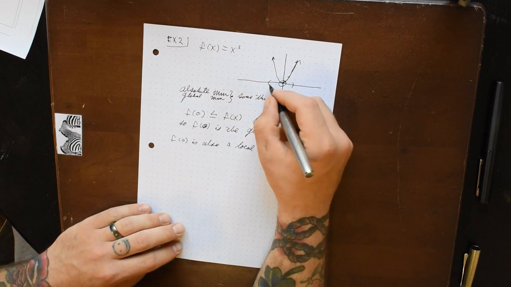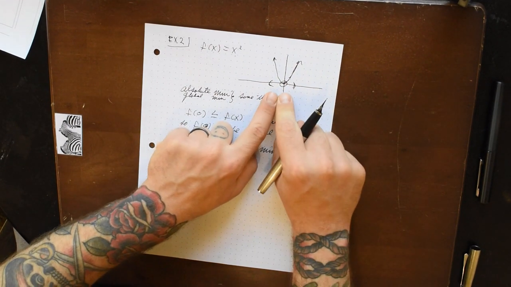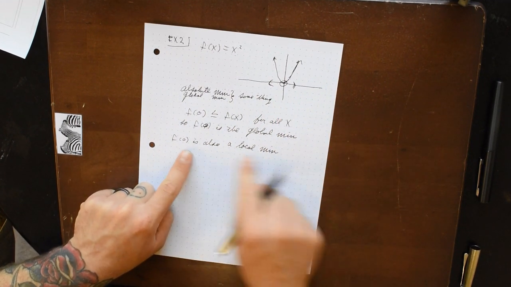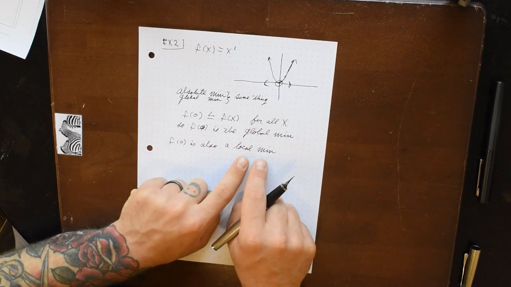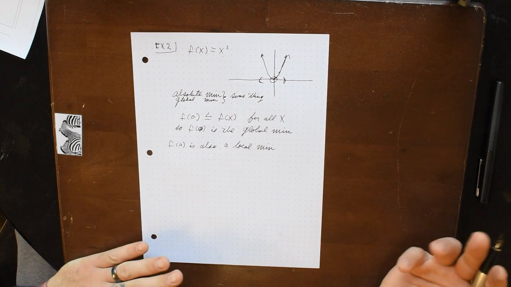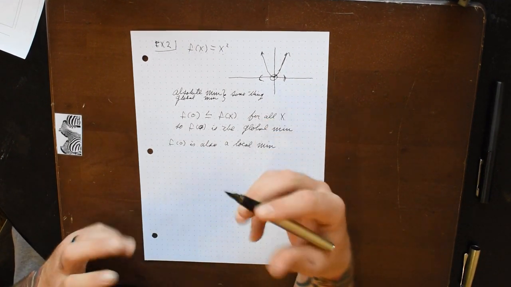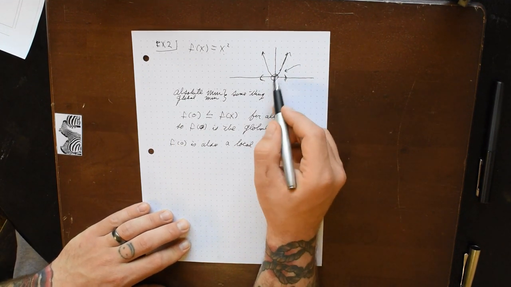All you have to do is be able to define some open interval around a bump to be able to say this. So we get this largely from observation, or I'm going to encourage you guys to find your local mins by observation. We're going to come up with more techniques later on, but for now you can do it by observation. Just look at the thing. Visually, it's a local min. It looks like a dip point.